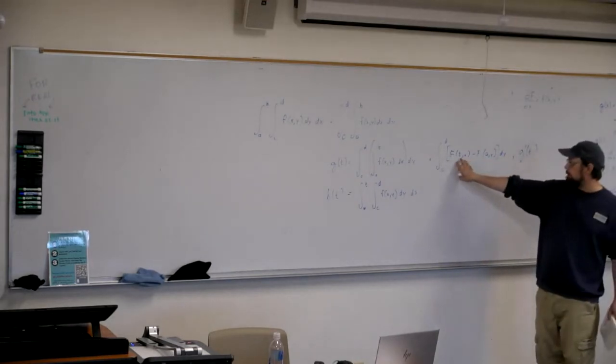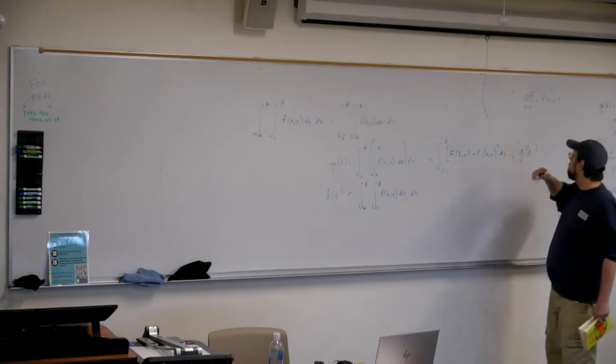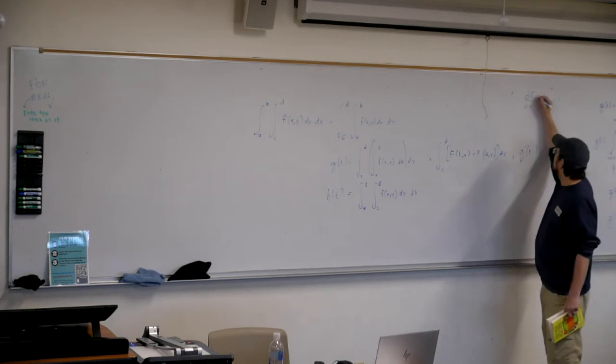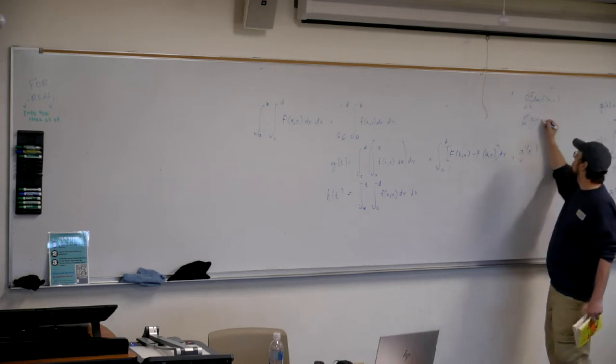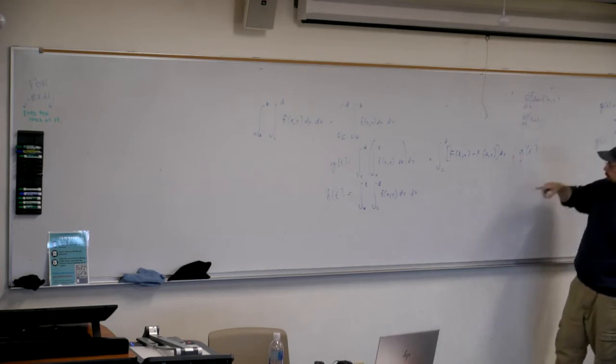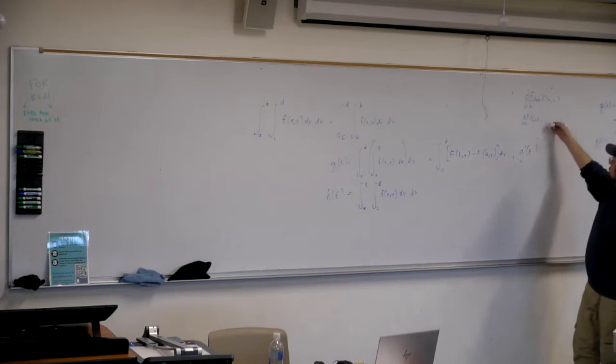And what if we differentiate this with respect to t? What are we going to get? They're just changing variable names, right? You differentiate this with respect to t, and you should just get the original function at t, 1.